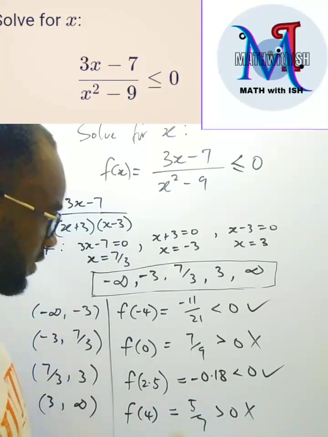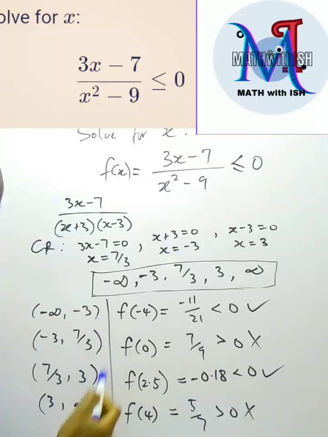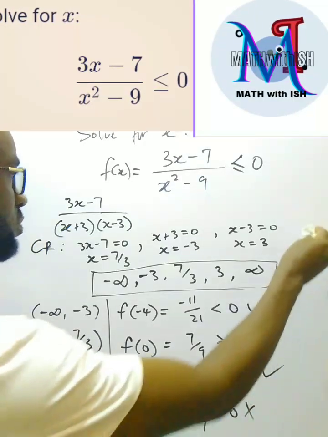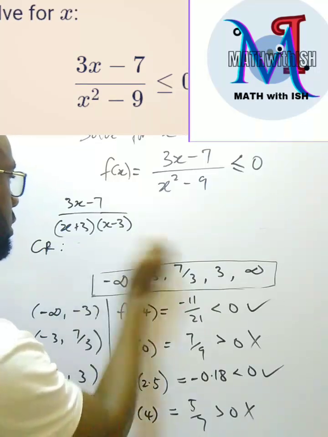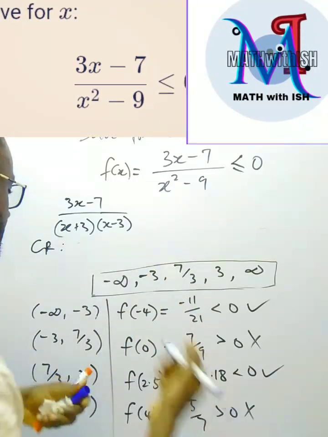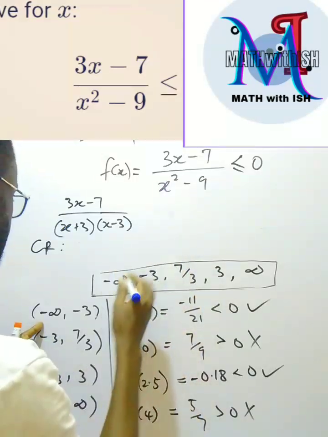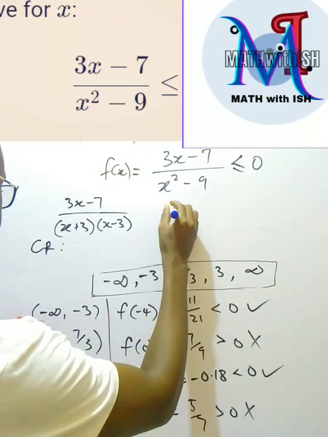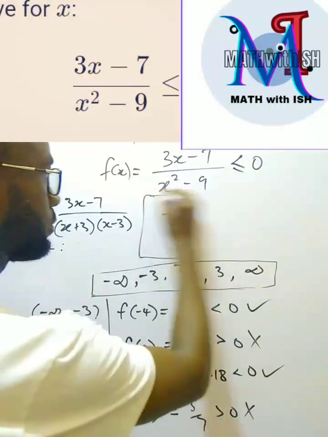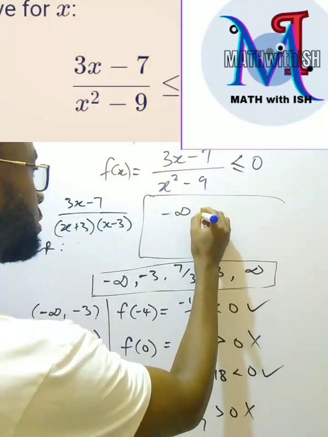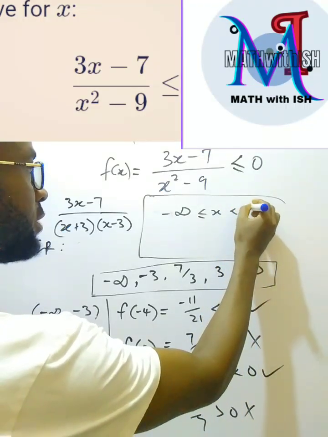We can now see that this interval and this interval are the ones that are actually valid, which means that our value of x falls in those intervals. So our value for x will be minus infinity is less than or equal to x is less than minus 3.